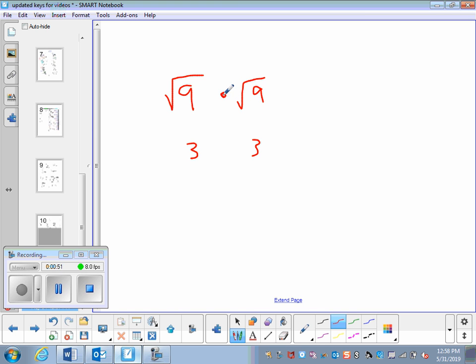And if I now multiply these numbers, I get 9. So the square root of 9 times the square root of 9 is the same as this 9 times 9, which is 81. And now I take the square root of it, and that's the 9 that I get right here. Okay? So it works that we can multiply the 9 and the 9 together and make it the 81, and now take the square root of that answer.